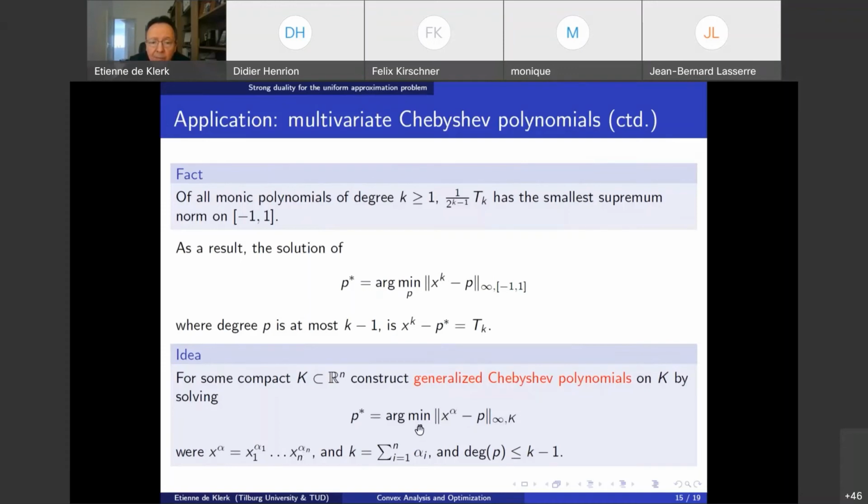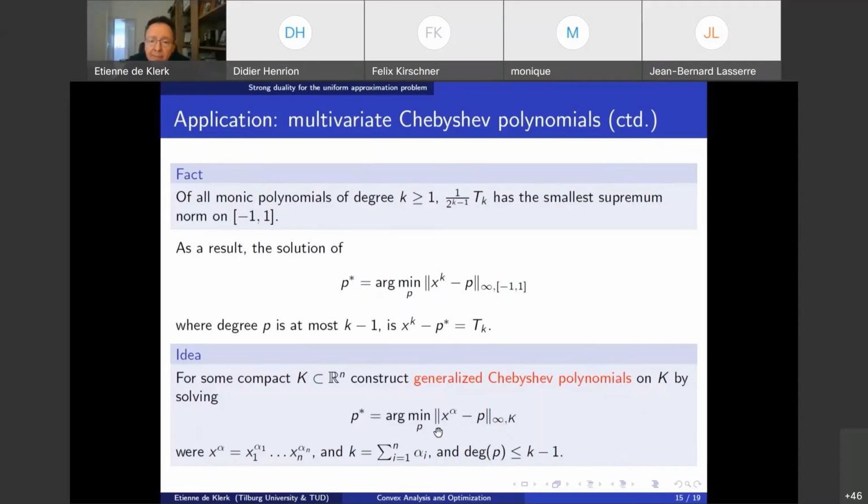And now we are looking for some polynomial p of n variables of total degree at most k-1, where the sum of these alphas is k. So we have a monomial x^alpha given, the degree of this monomial is k, and we approximate it uniformly by polynomials of total degree at most k-1.